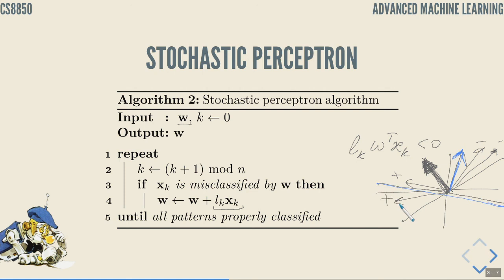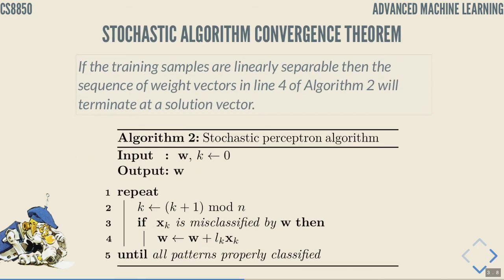So if this sample is misclassified, we just add this sample times the label, which we already multiplied in, and ta-da, jump over there. And keep doing that jerking motion back and forth until you converge. Will you converge? Well, surprisingly, yes, and we will prove it now.